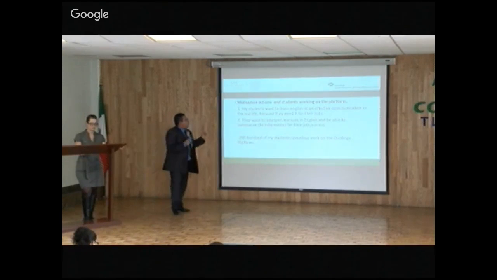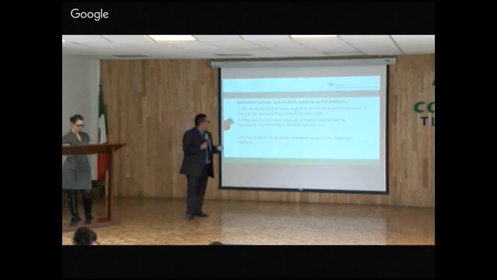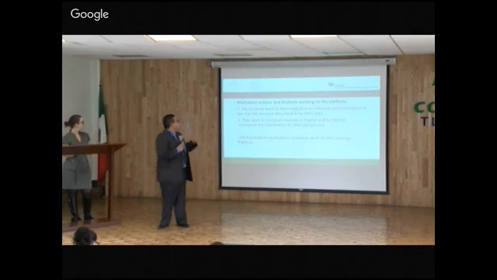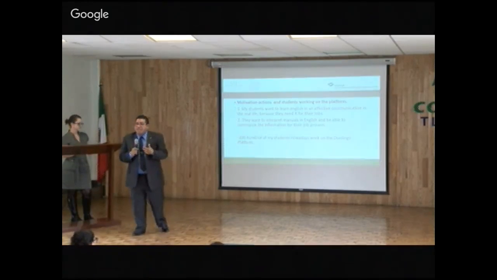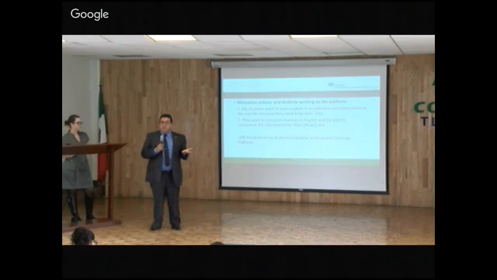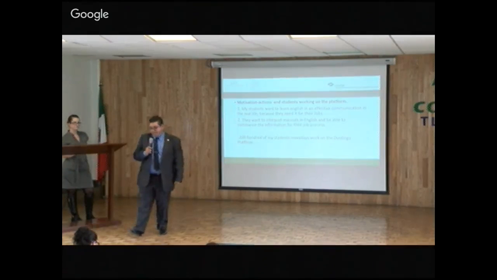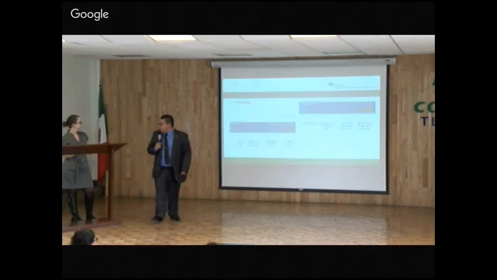And the second one, they want to interpret manuals in English and be able to summarize the information for their job process. They need it because if they don't interpret their manuals, they can't work. That's a big problem for them, right? I think this is the first problem in our students. And I have 200 students in this semester, and I tried to get all 200 working on the Duolingo platform. I tried. The next one, please.